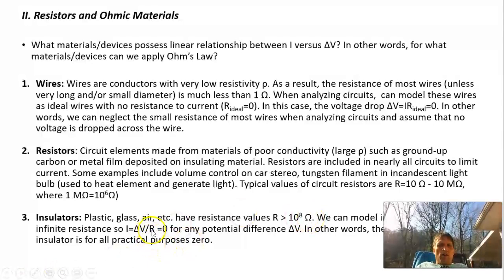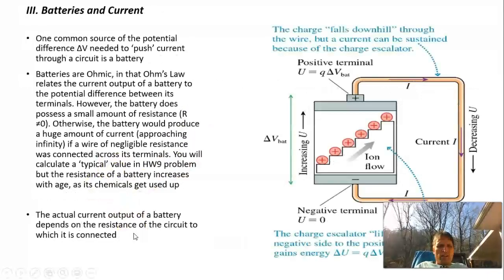And by Ohm's law, if they have infinite resistance, the denominator is infinity, you don't get any current through them, or for all practical purposes, the current is 0. So these are the 3 types of classes of materials and devices that do obey Ohm's law, and we can use Ohm's law to analyze their behavior.